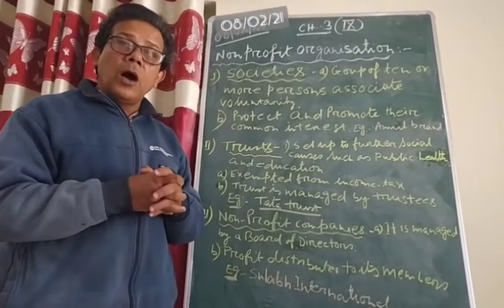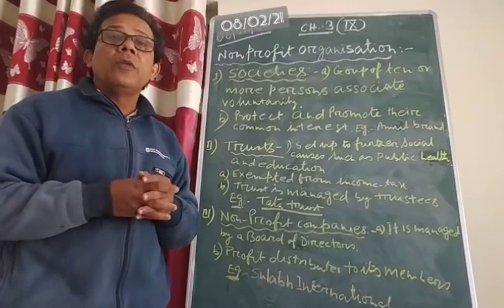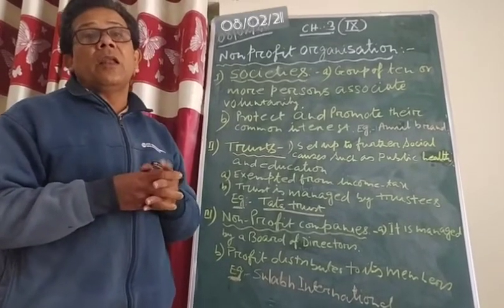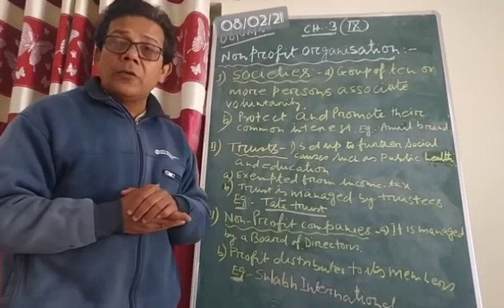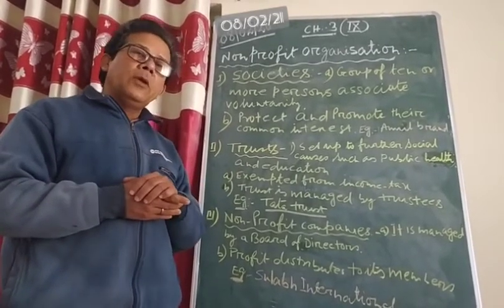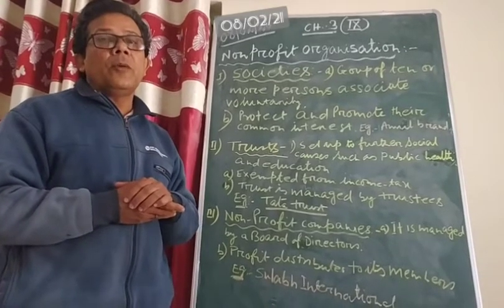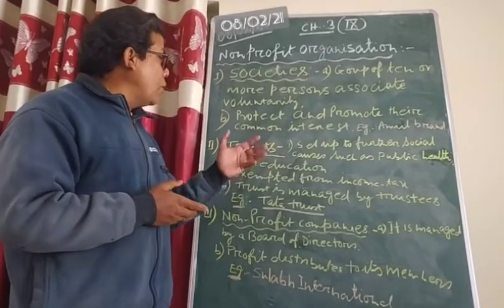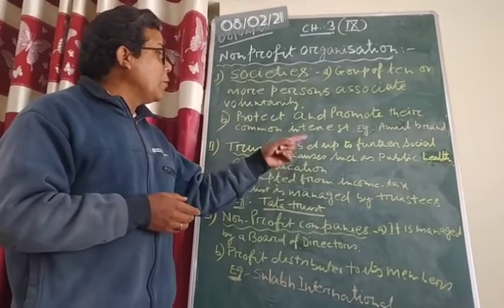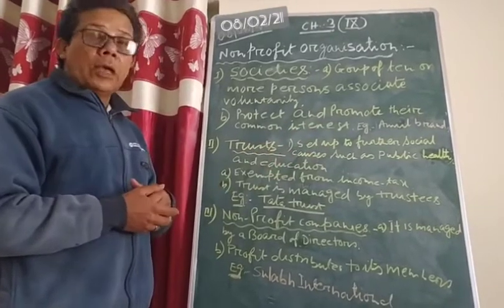Got it or not? The public who are not in a position to spend money for their treatment, these things are provided by the trust, or sometimes they provide education to needy students who are unable to spend money for their higher education. That is why they are called trusts.